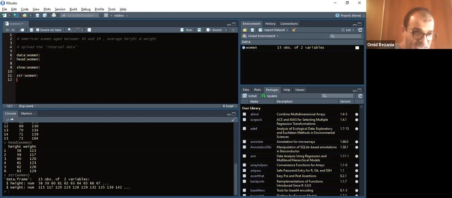It shows here as a data frame. That's what we want. It shows that this is 15 OBS. OBS stands for observation. 15 women that you are studying. It means that this is 15 observations of 2 variables.